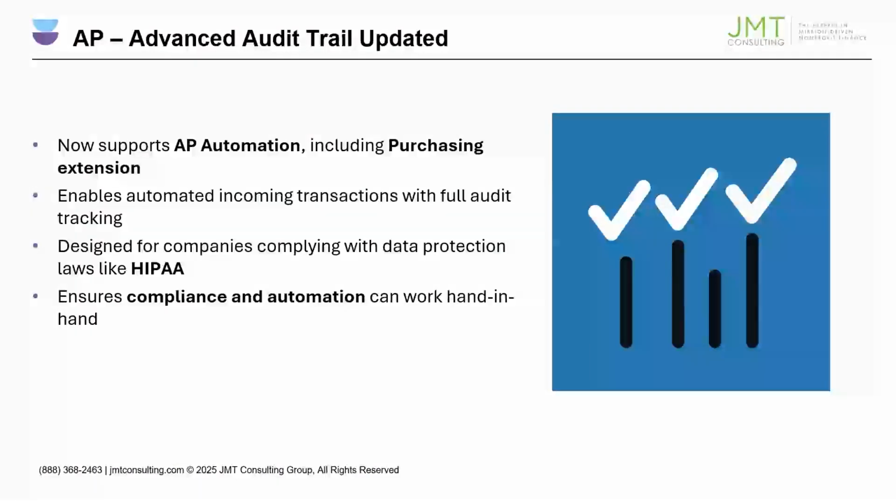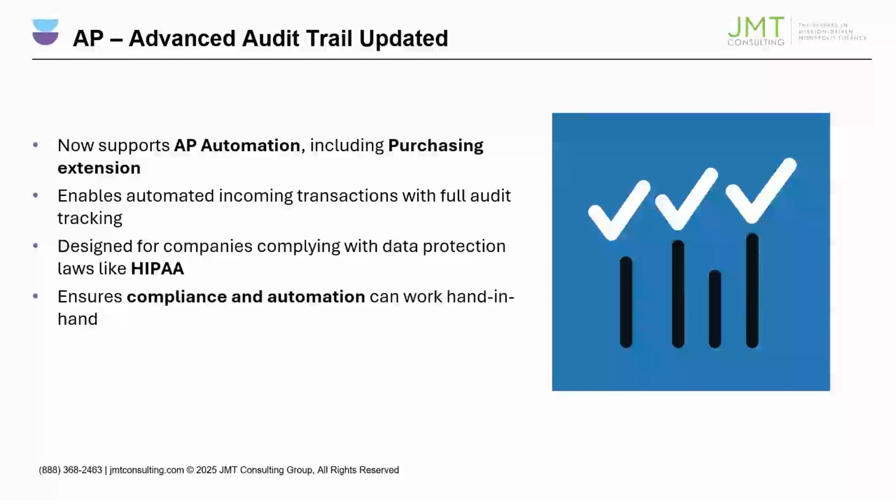Now, the last thing about accounts payable we wanted to mention is the advanced audit trail. And this is a feature that's incredibly useful for organizations that need to comply with data protection laws like HIPAA, especially around tracking access to sensitive information in customer and vendor records. Well, this update is for you.